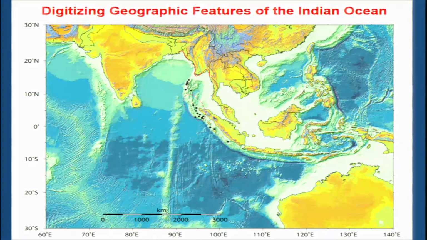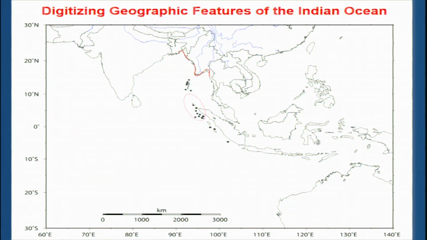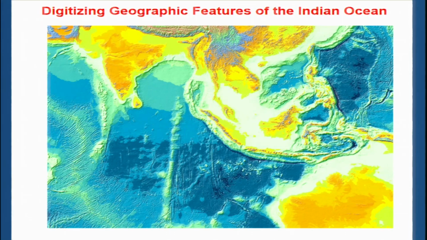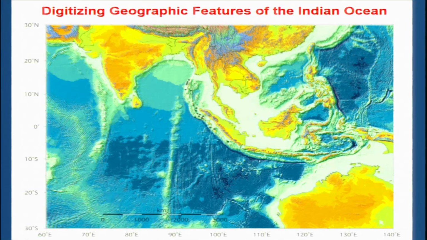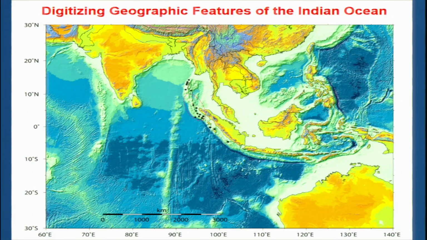So what is that layer? This is the layer. This layer contains only the traces and the exercise you have done to digitize this image or to make this image more useful and more informative. So how has this changed? This was like this, and now this has changed to this image.